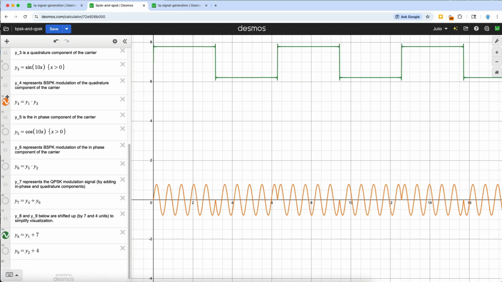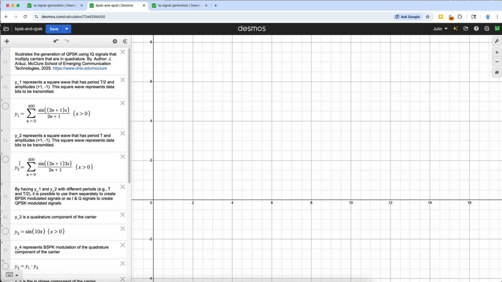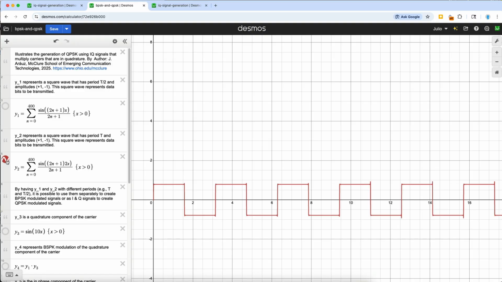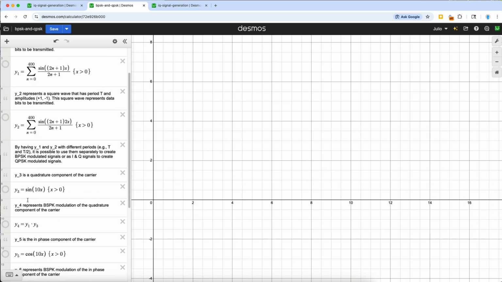Let me turn on our BPSK signal, our green signal, and let me turn on this one right here. This one is also a series of ones and zeros, but the duration of the bits is a little bit shorter. That doesn't really matter, but we're going to generate QPSK with this one too.